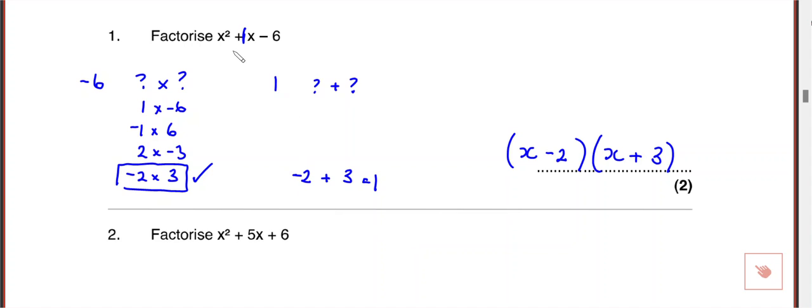Now, you'll notice all these ones have only got 1x squared. They do get a little bit more complicated with more than 1x squared.